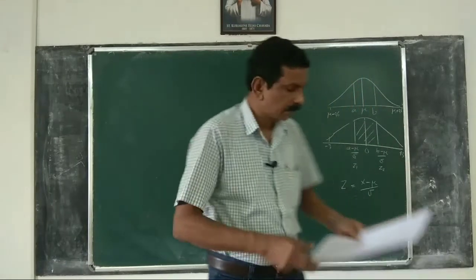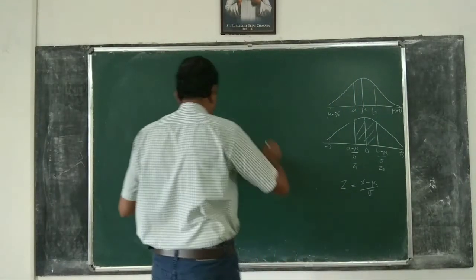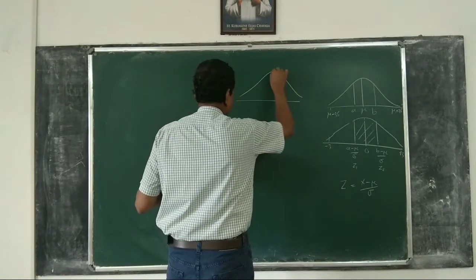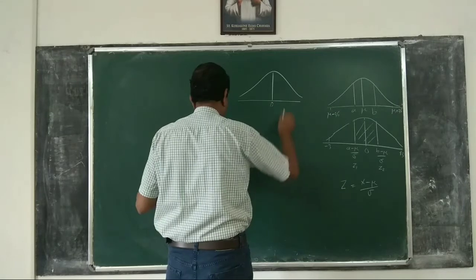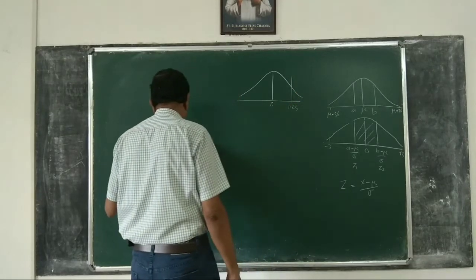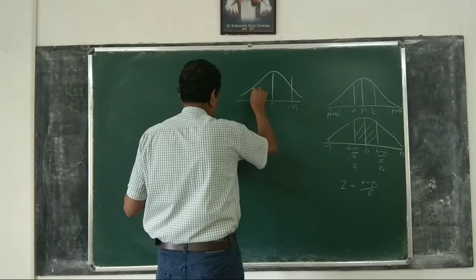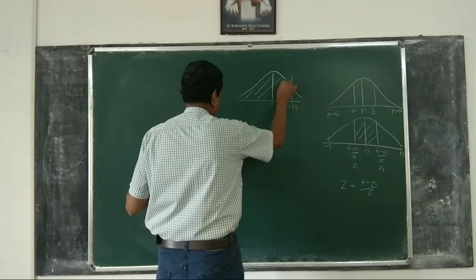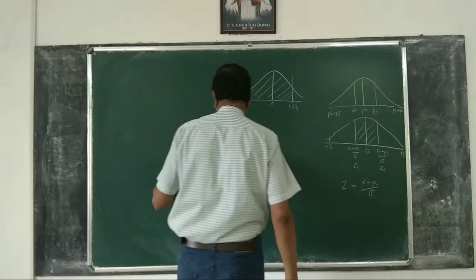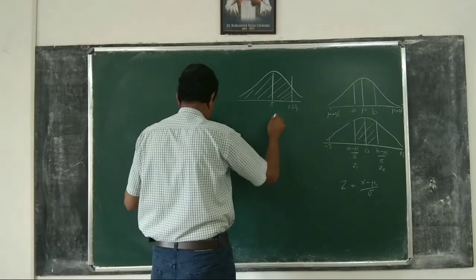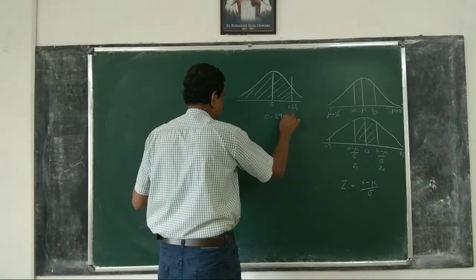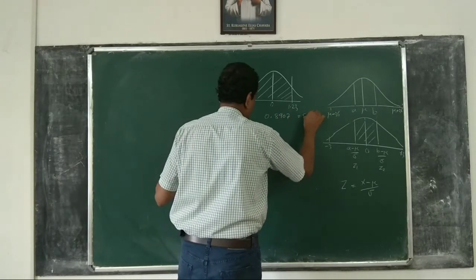Suppose this is a standard normal distribution with 0 mean. Suppose this is 1.23, and suppose that we want to determine the area to the left of 1.23, and from the table you will get it as 0.8907 or 89%.